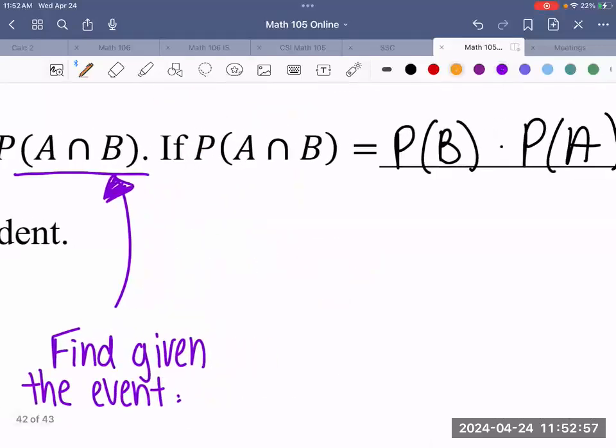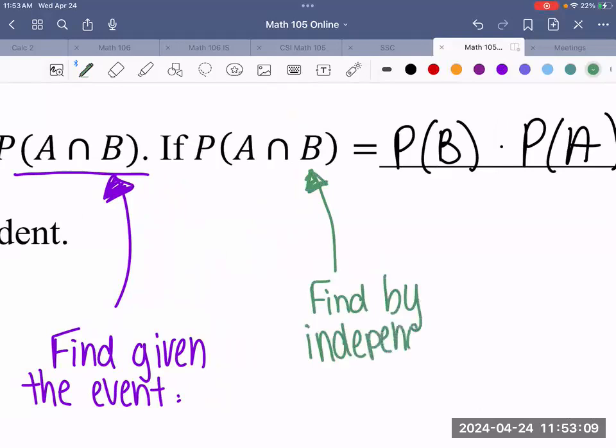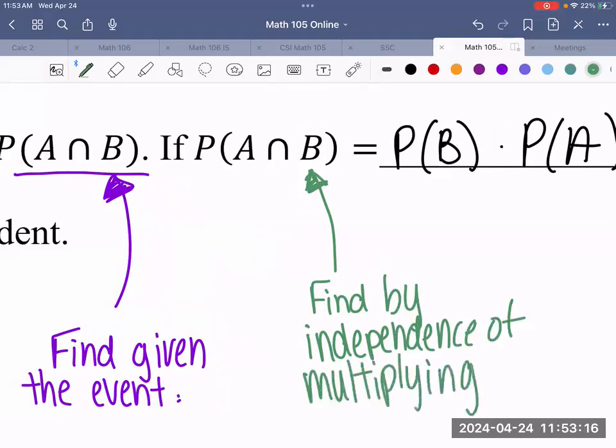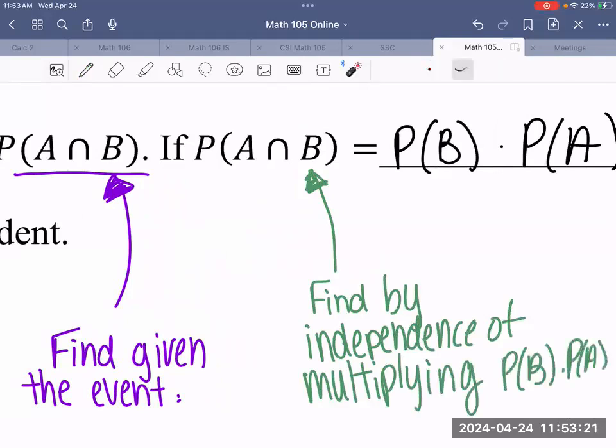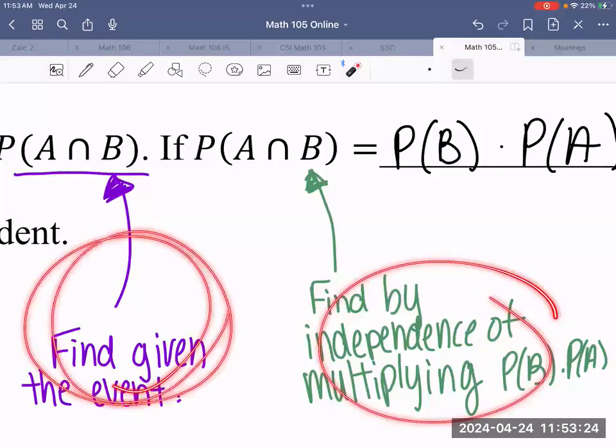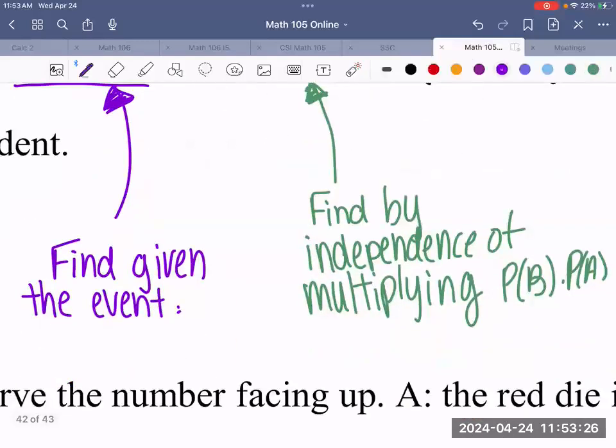I sometimes have a hard time reading what my notes are saying. Now this one is found by the independence of multiplication. So this one you need to calculate, and this one we're going to find based on the event.